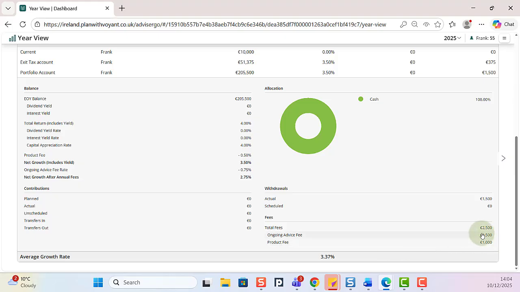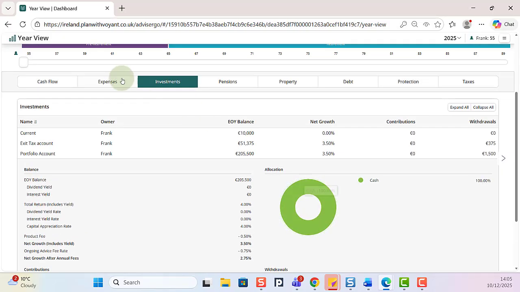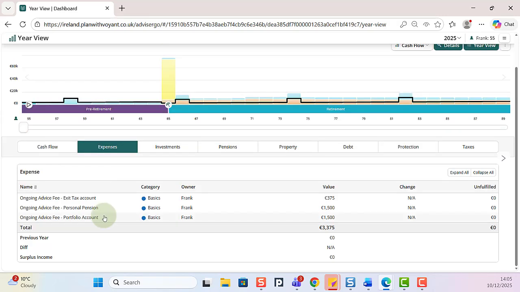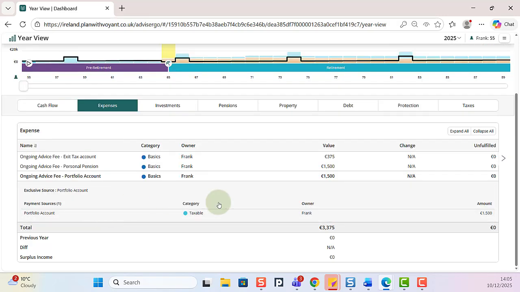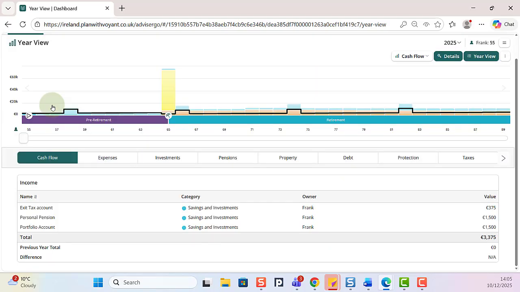You will see the monetary value of the ongoing advice fee of 0.75%, and this is the one that is deducted from the investment. So now moving to expenses, again we can see by opening up the portfolio account the expense being withdrawn and the payment coming from the portfolio account. You will be able to see it in cash flow as well.